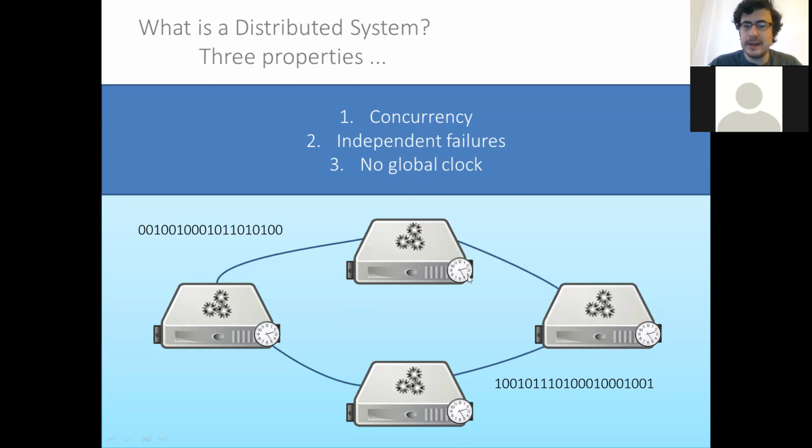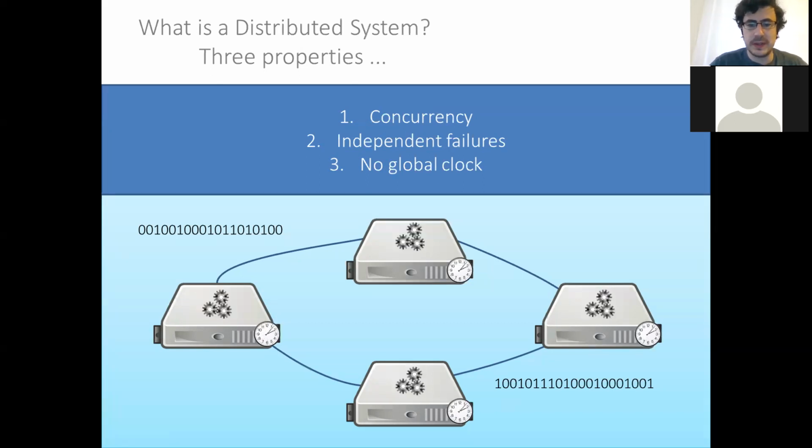This means that these machines will never have exactly the same time. We could say they're going to have pretty close to exactly the same time these days. But if we think about it in terms of a clock cycle in a processor, it would be quite difficult to synchronize the clocks at that level of precision.